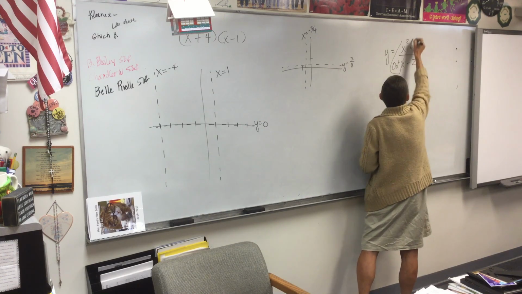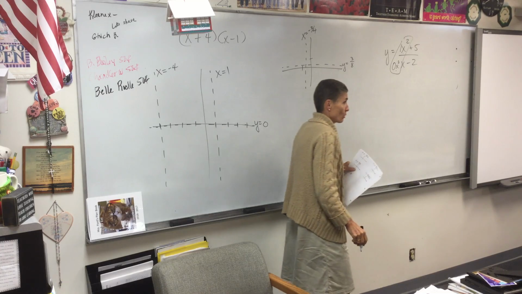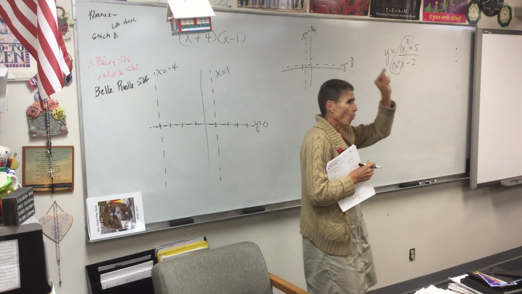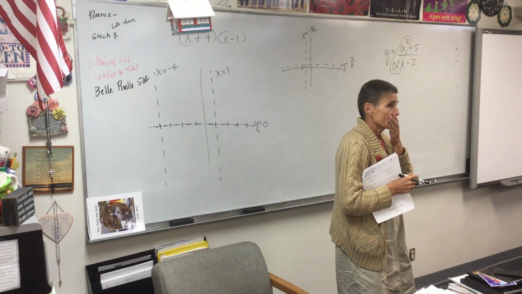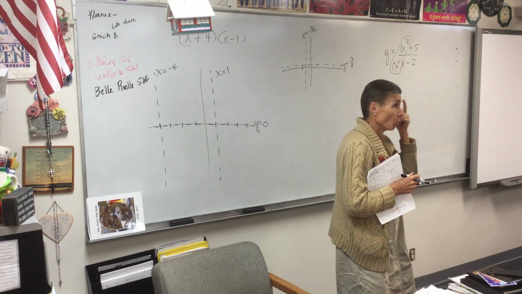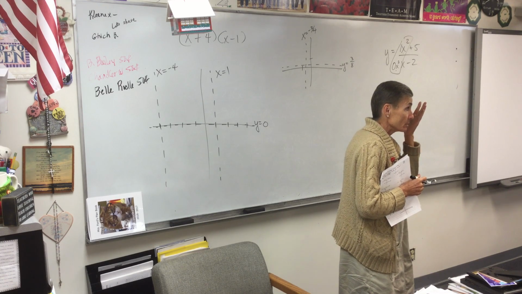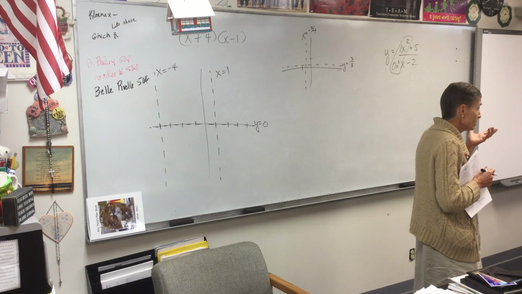So I have 1x squared over no x squareds. 1 over 0. Makes my eye twitch. 1 over 0.